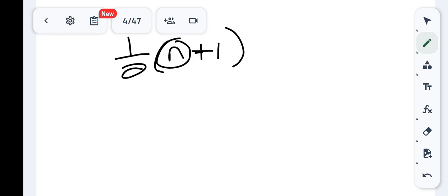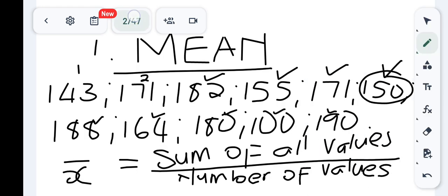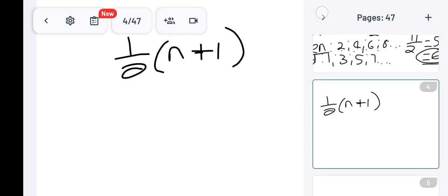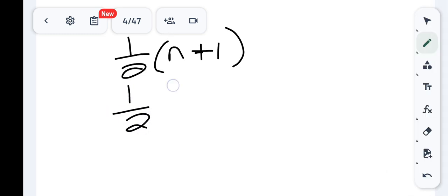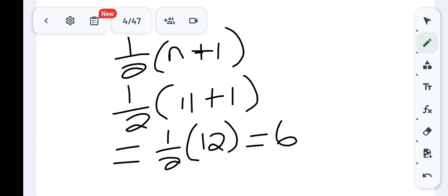What is n? n is the number of values. We usually say n is total frequency. That is the number of values, by the way. In this case, remember we have 11 values. So you will substitute 1 over 2 (11 plus 1), and then that will be 1 over 2 times 12, and this is equal to 6.